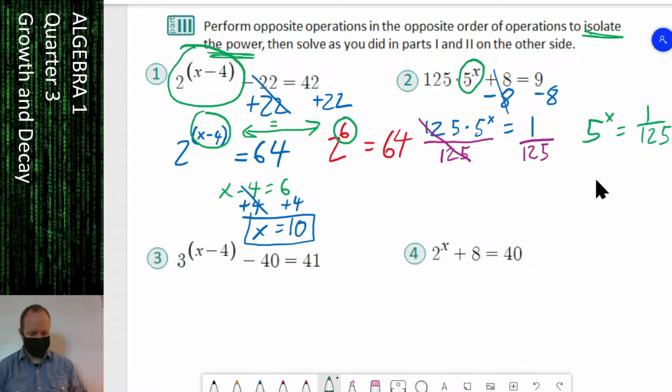So once you've identified that it's going to be negative, go ahead and give yourself an x equals a negative. Don't forget that negative. Once you've got that, ignore the fact that this is on the bottom here. And ask yourself how many times you're going to multiply 5 by itself to give you 125. 5... not 5 times. It's negative 3.